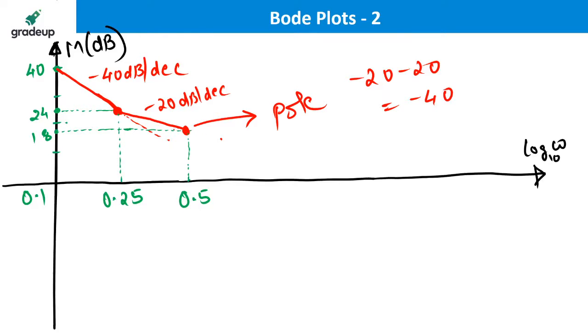If there was no corner frequency, it would go in this direction, but it will bend downwards.